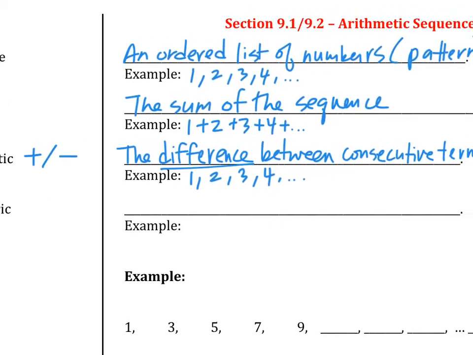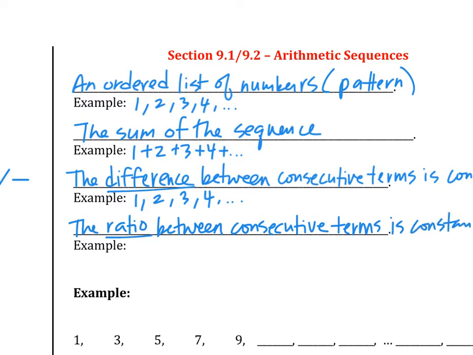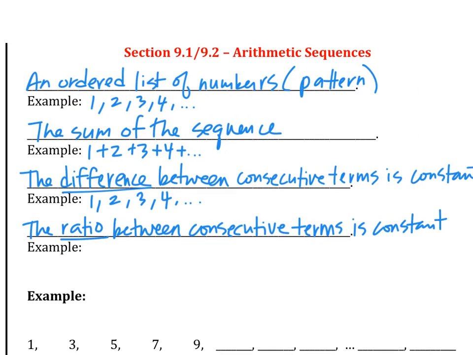Geometric. Geometric is the ratio between consecutive terms. Do you guys know what consecutive means? Yeah, continuous. So basically the one after the other. Consecutive terms is constant. So let's review the word ratio again. We just finished the chapter with ratio, right?